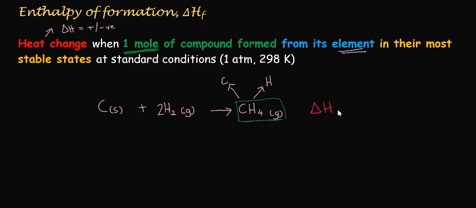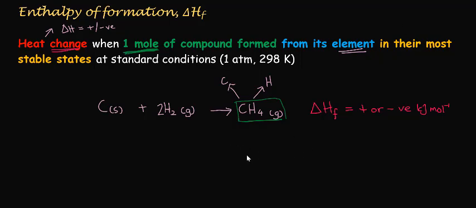So delta H formation for the formation of CH4 is equal to, since it is a heat change, it can be positive or negative kilojoule per mole. That is for enthalpy of formation.